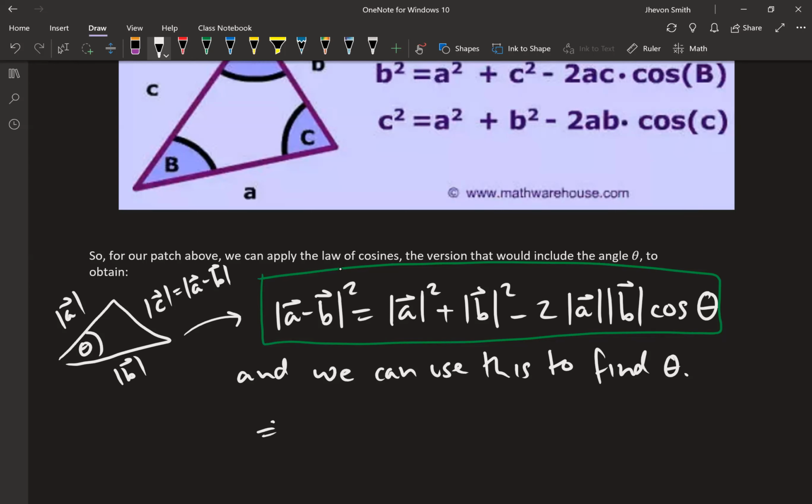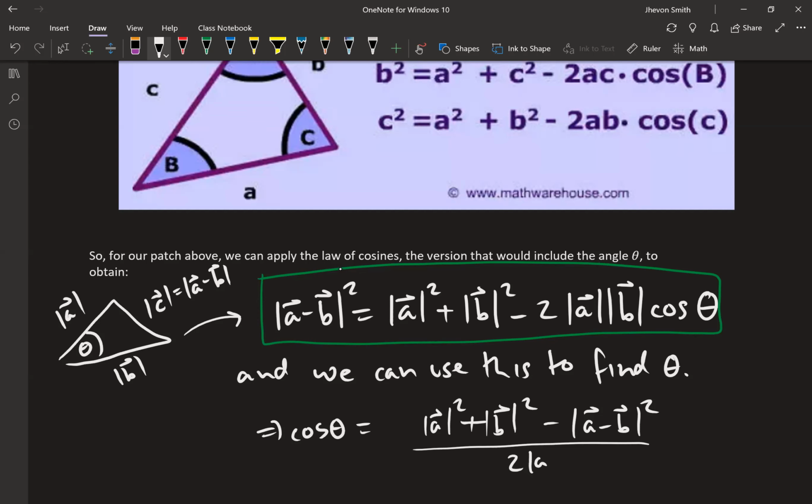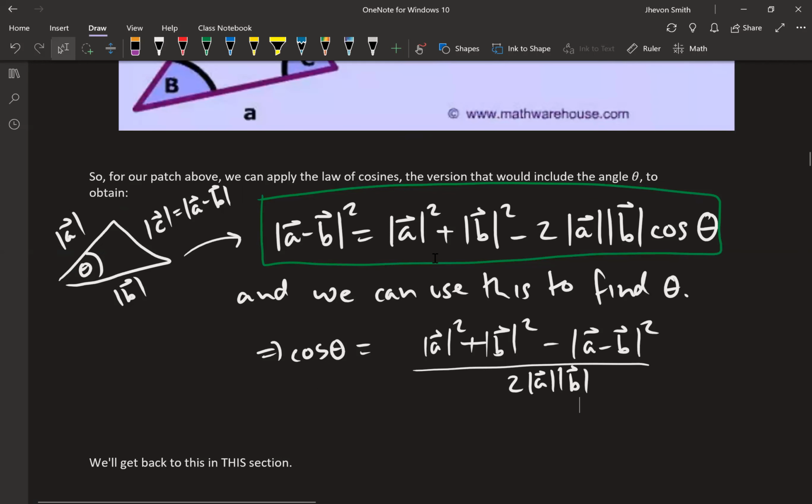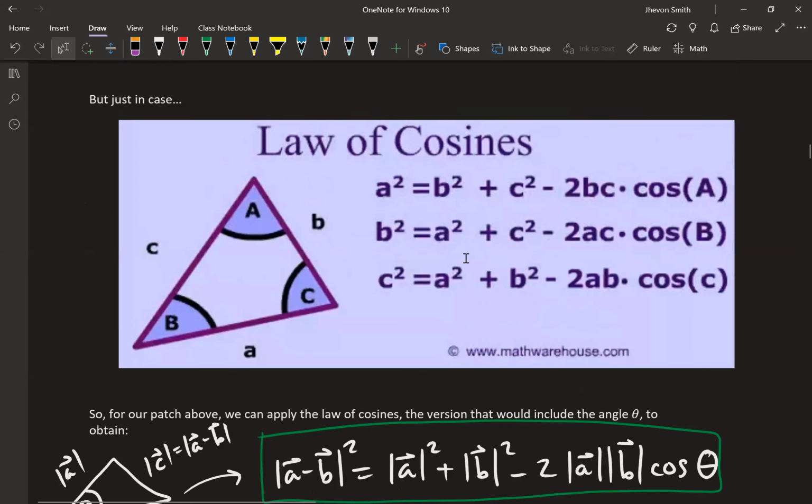From this, we can say that the cosine of theta is going to be magnitude of A squared plus magnitude of B squared minus magnitude of A minus B squared, all over 2 times magnitude of A times magnitude of B. And then we can take the inverse cosine of all that to find the angle. We'll come back to that in this section, but that's how we're going to do it.